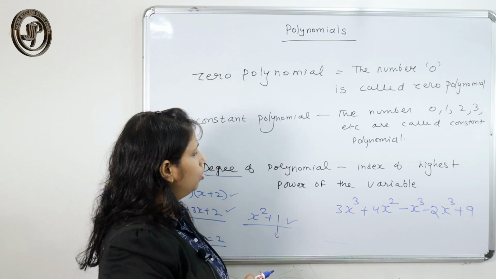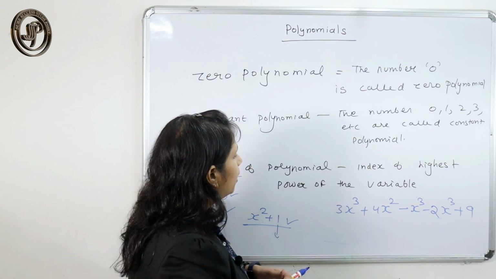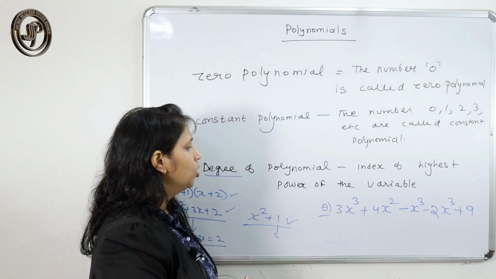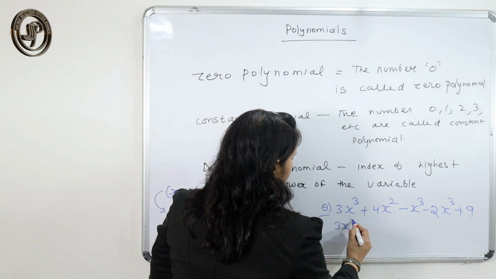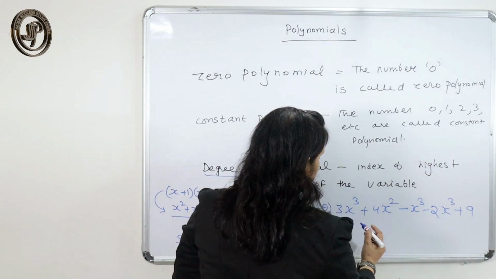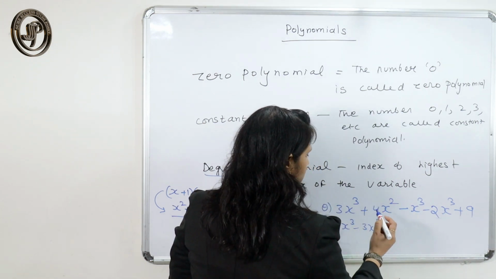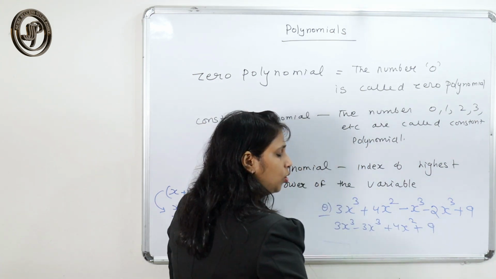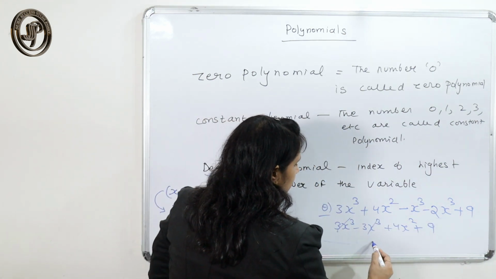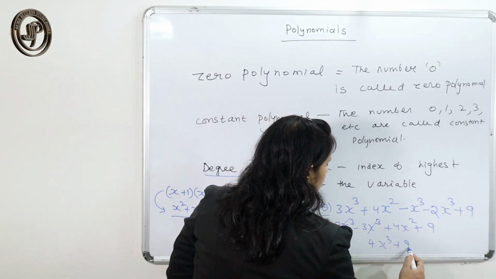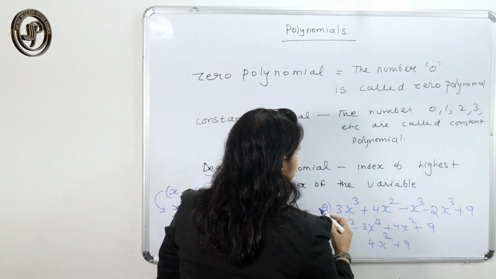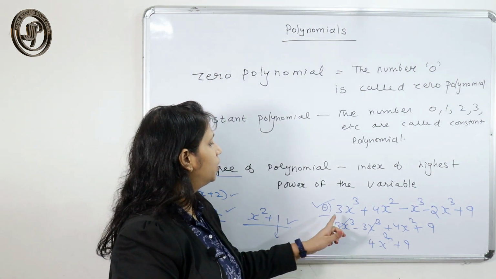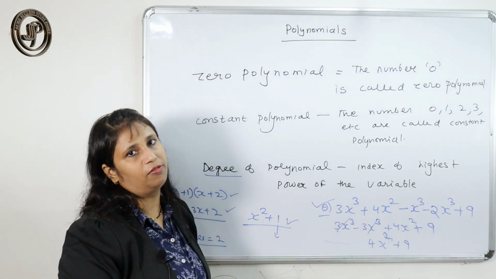Here you will see that it is not in a simplified form. So 3x square minus x cube minus 2x cube, you can write as 3x cube plus 4x plus 9. So this will cancel out. Now the degree of this polynomial will be 2 here, because first you need to simplify this.